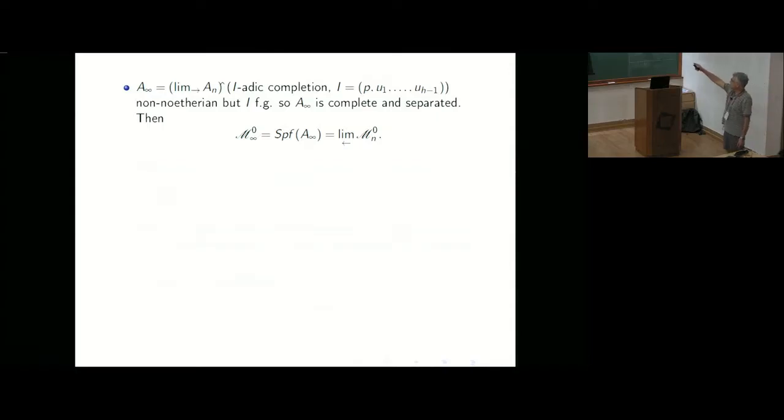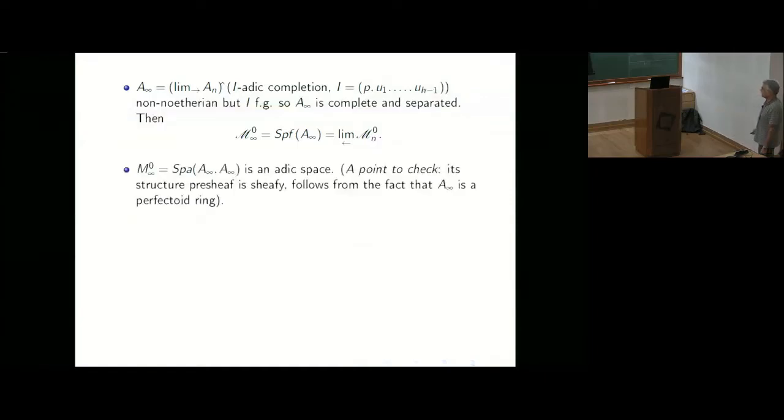And if you go all the way up and complete still with respect to the same I that comes from A0, then you get a complete and separated ring, because it's a finitely generated ideal, and the formal spectrum of this is the formal scheme structure at infinity.